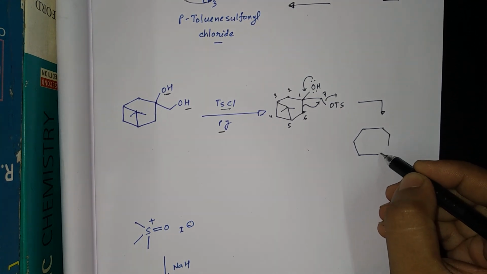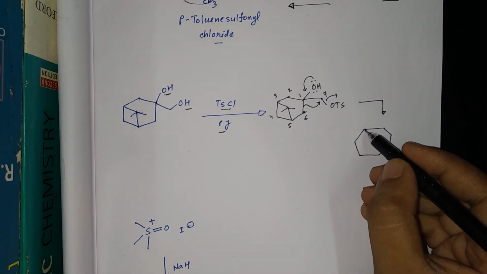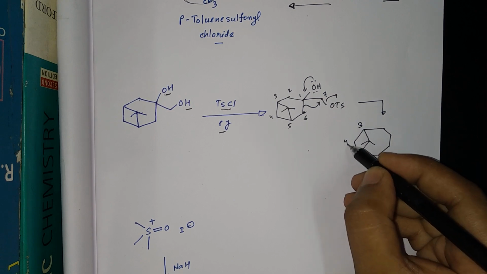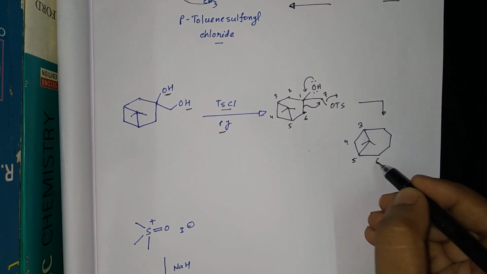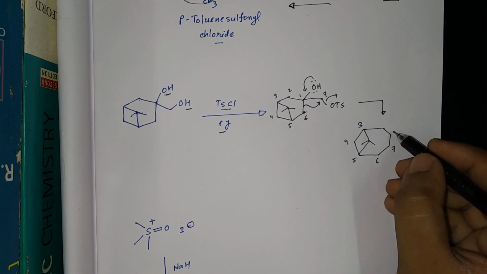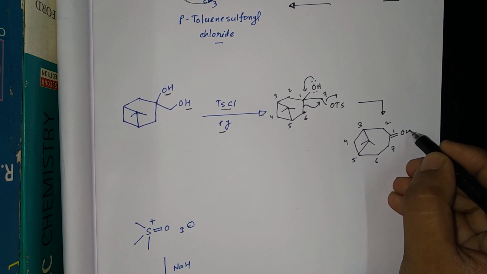This is the 7-membered ring. This is the 3, this is the 4, this is the 5, this is the 6, and this is the 7. This is the newly formed bond with 7, and this is the 1 and this is the 2. On the 1 there will be an OH plus.